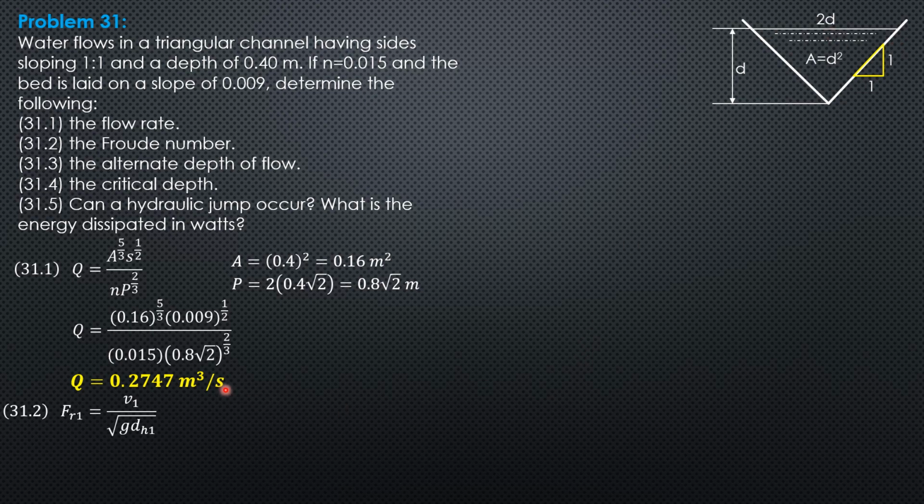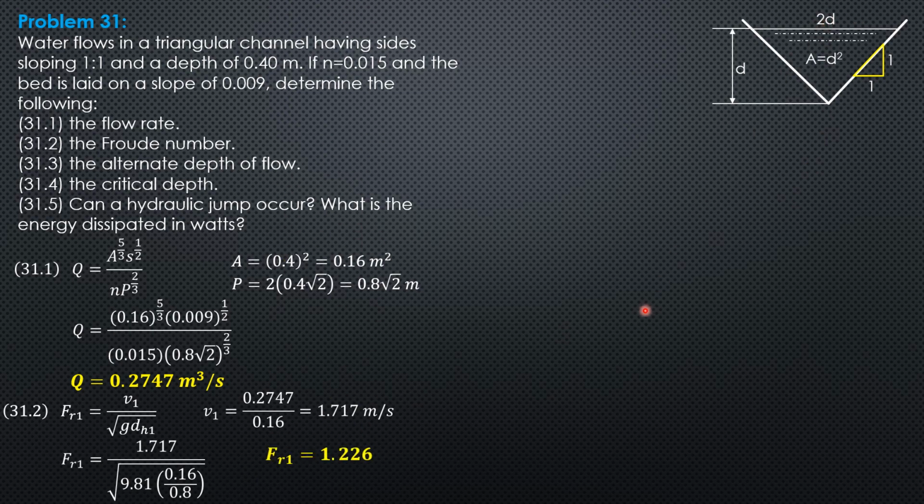So V1 is Q over area 1, 0.2747 over 0.16, so it is 1.717 meters per second. Then substitute: FR1 is 1.717 over square root of 9.81 times 0.16 over 0.8. The top width is 0.8. Remember hydraulic depth. So FR1 is 1.226, which is greater than 1.